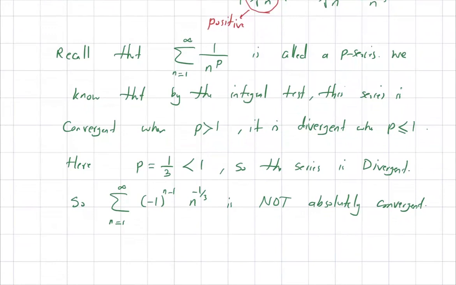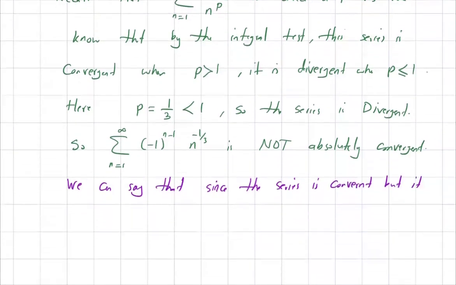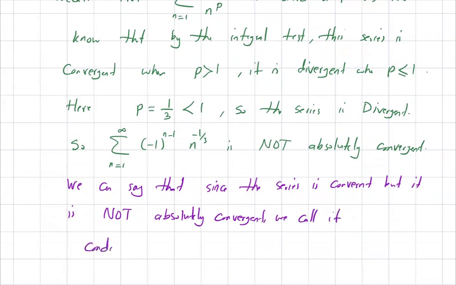You can say that since the series is convergent, but it is not absolutely convergent, we call it conditionally convergent.